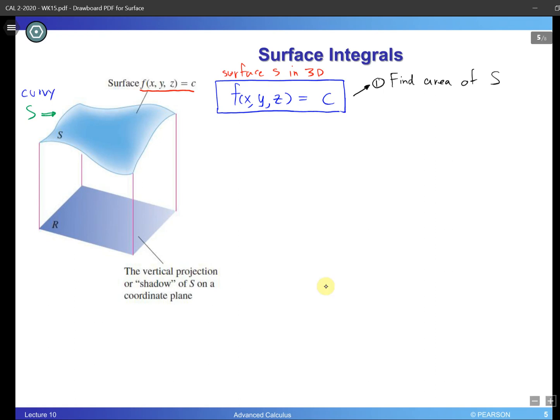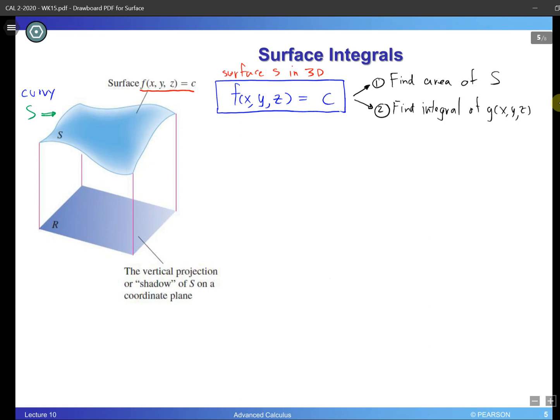And now moving on to the second type of the integral. In this one, we are going to perform integration to find the integral of any function on this surface. This one is going to be a little bit different. So this one is for finding integral of any function, and let's call it g of x, y, z.